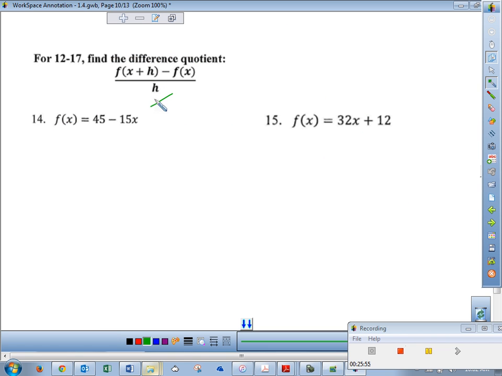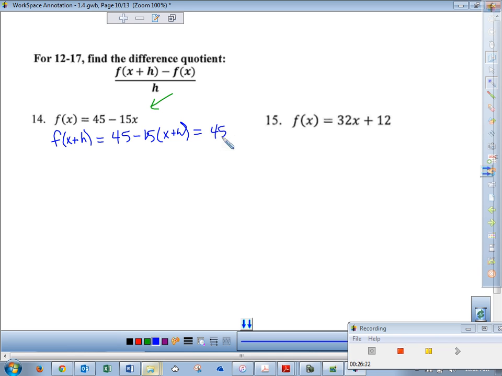Is he linear? All variables to the first power, all that stuff. Let's see if everything cancels out again. F of x plus h is what we need to find. 45 minus 15 times x plus 8, the quantity of x plus h, which is really 45 minus 15x minus 15h.